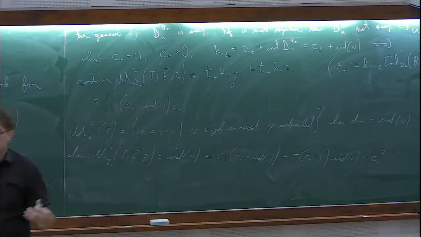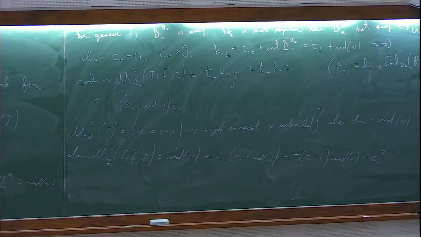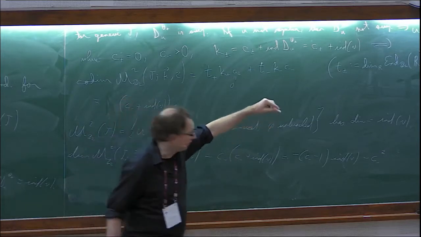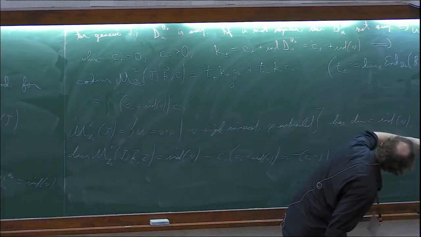Because J is generic, the simple curve necessarily has a non-negative index, and by assumption C minus was positive, so that number over there is manifestly negative. And that's a contradiction.